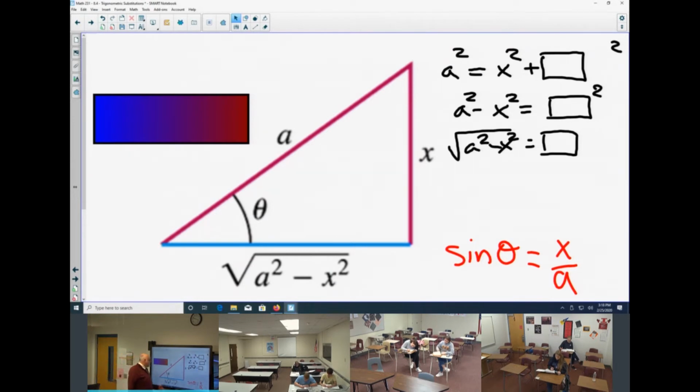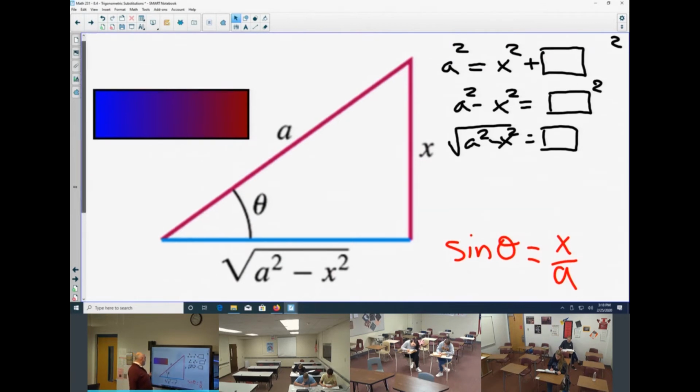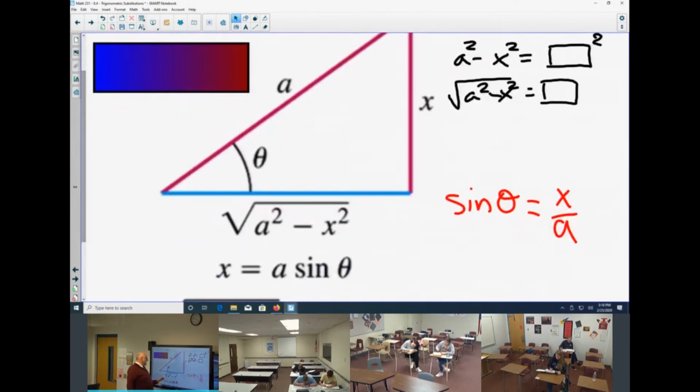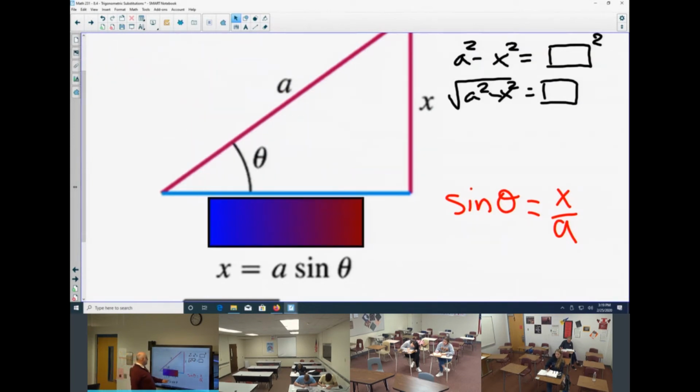Okay, and then the substitution that you're going to make for this one is x equals a sine theta.